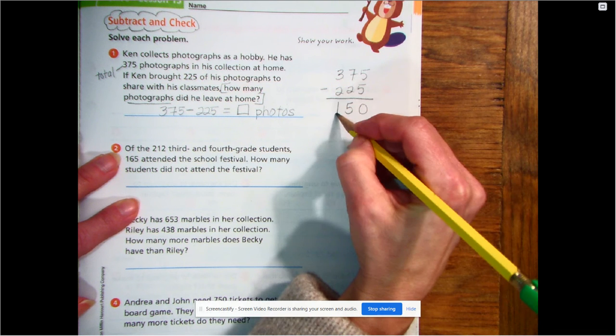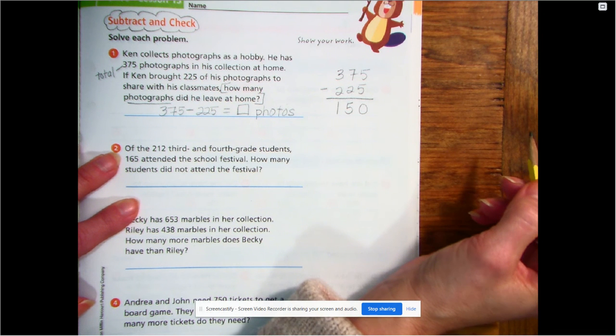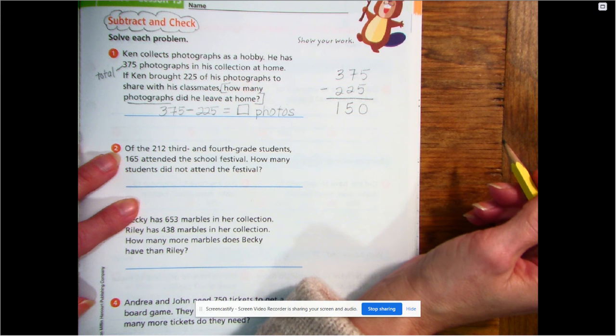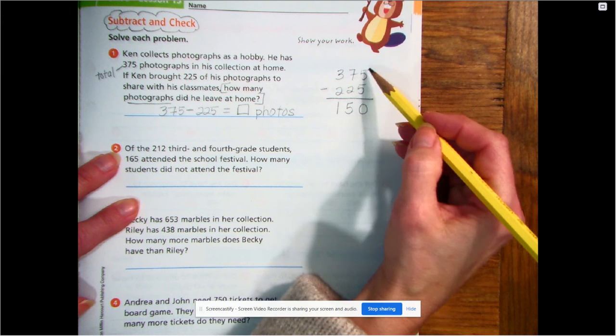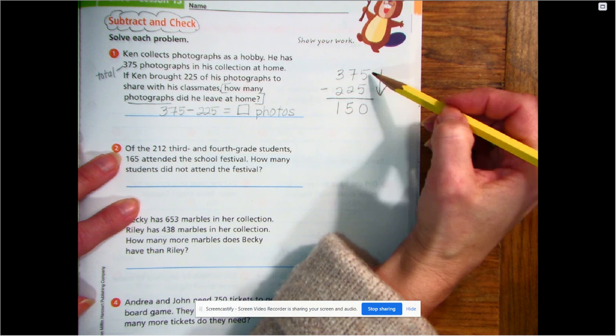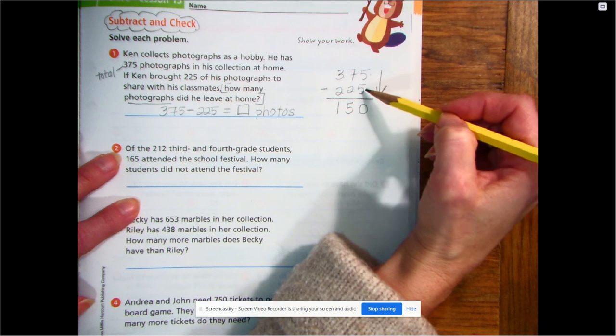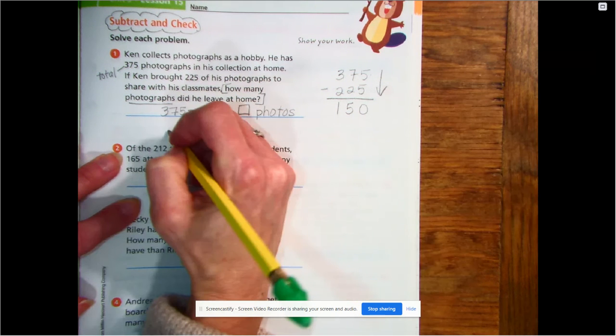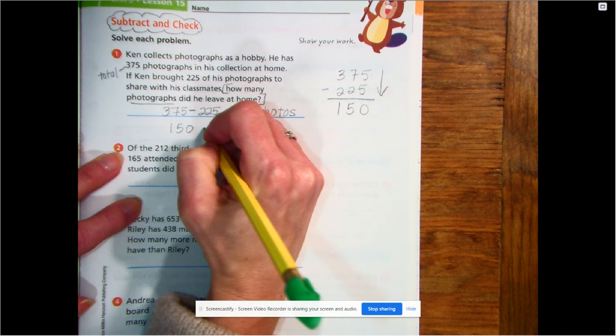Yes. Did I need to do any ungrouping? No, nothing. It was simple, straight down subtraction. Remember, from the top down, I always have to look and think, do I have enough to take away the bottom number? Okay, so our answer is 150 photos.